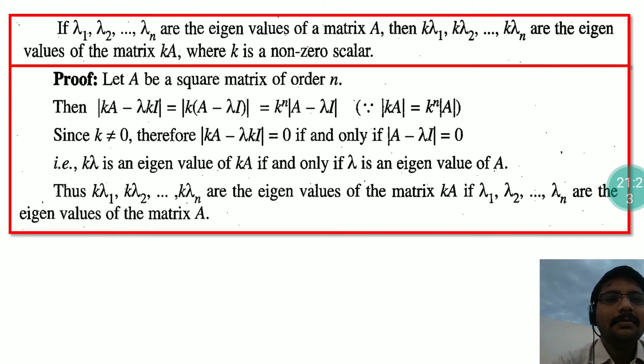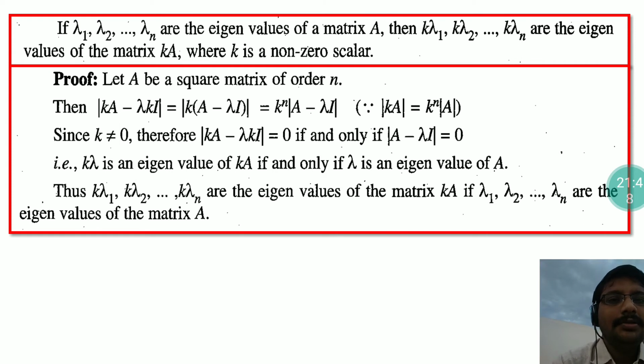Now consider the determinant of kA minus lambda I. Taking k as common, that is k into (A minus lambda I), which is equal to k power n into the determinant of A minus lambda I, because the determinant of kA is equal to k power n into the determinant of A.